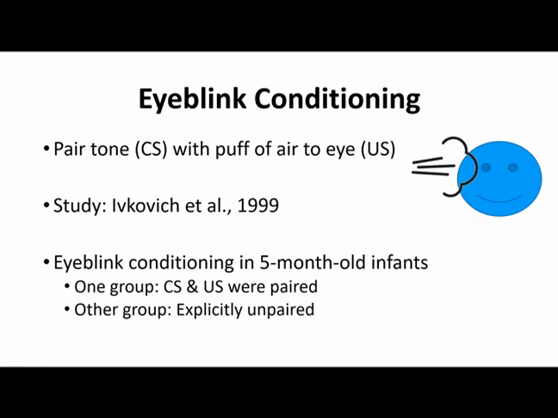For our second group, our control group, this group was set up to be explicitly unpaired, which means that they still had the same number of conditioned stimuli, the same number of tones, and the same number of air puffs, our unconditioned stimuli, but they were arranged in such a way that they never actually overlapped. So instead of in our treatment group where they were always paired, in our control group, they never co-occur to try and keep them from forming an association between the two. Basically, they would occur randomly so that they didn't overlap.